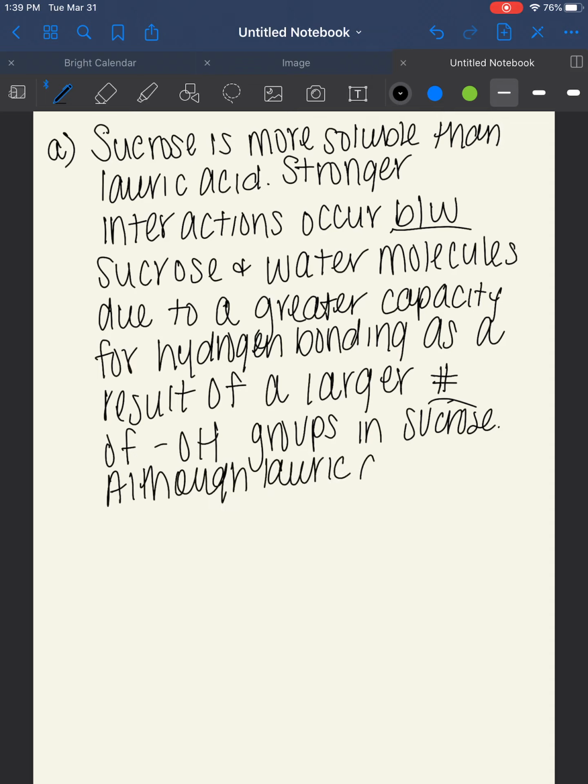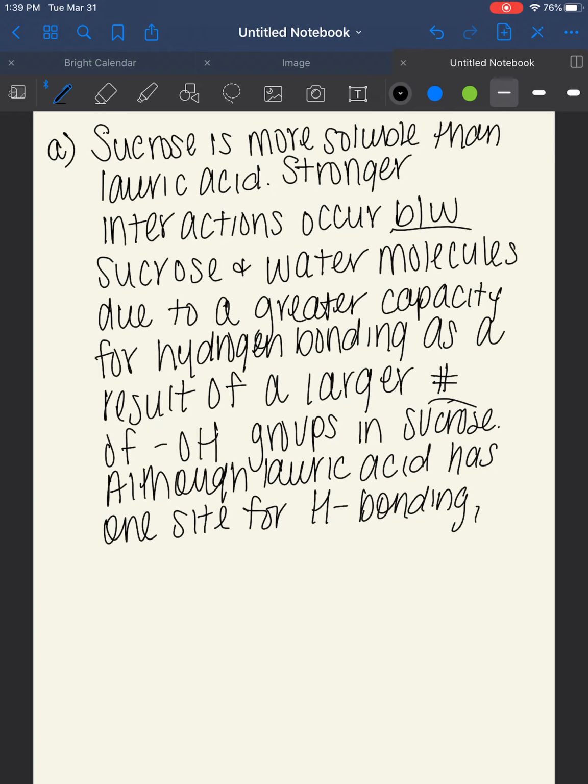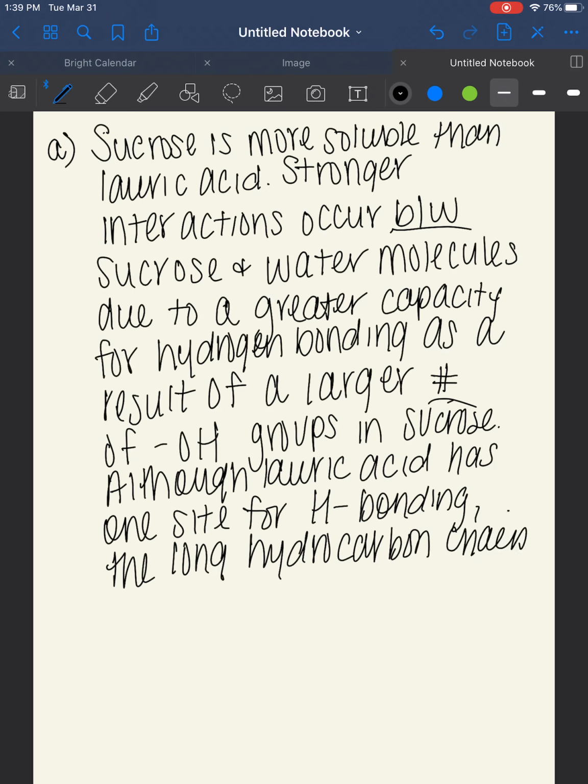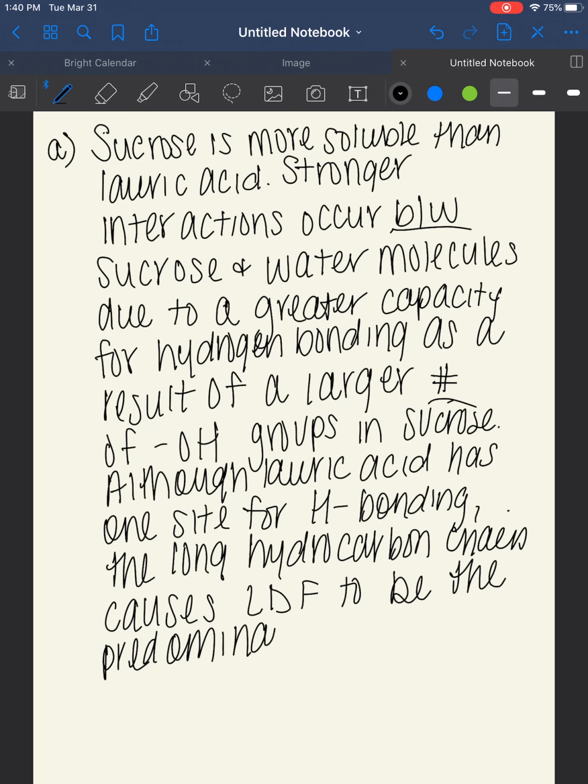Although lauric acid has one site for hydrogen bonding, comma, the long hydrocarbon chain causes LDF, London dispersion forces, to be the predominant or main interaction with water molecules.